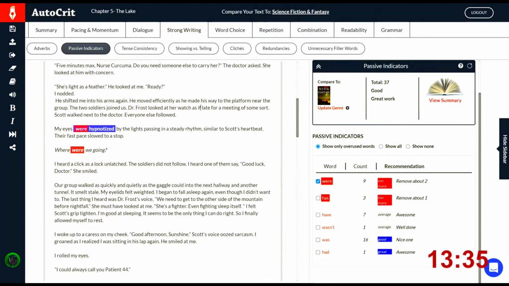All right, my eyes were hypnotized by the lights passing in a steady rhythm similar to Scott's heartbeat. All right. The lights hypnotized me.